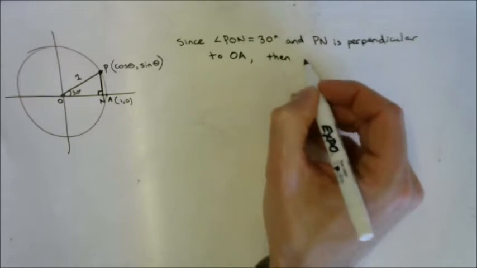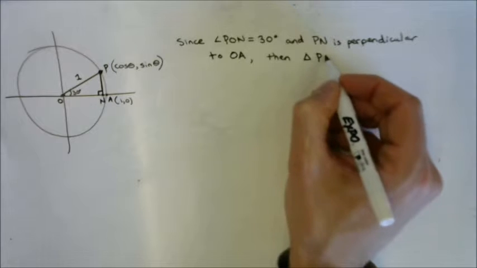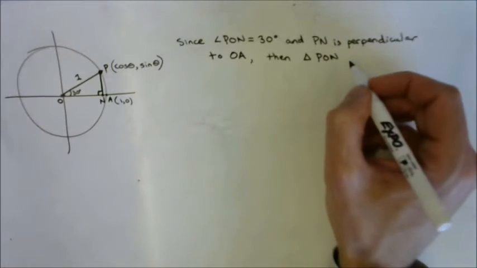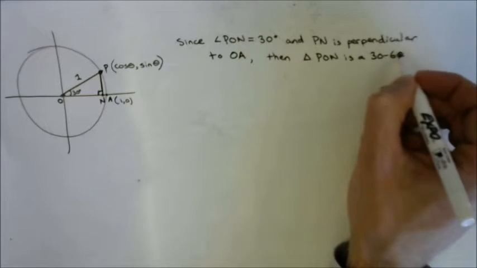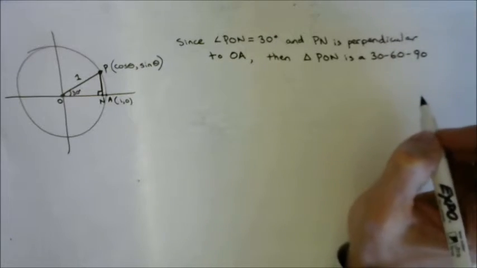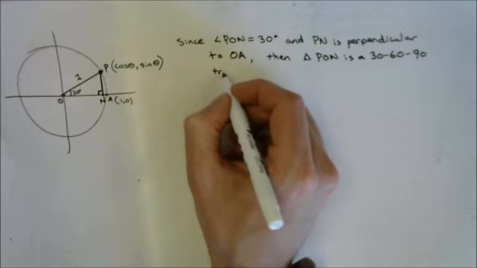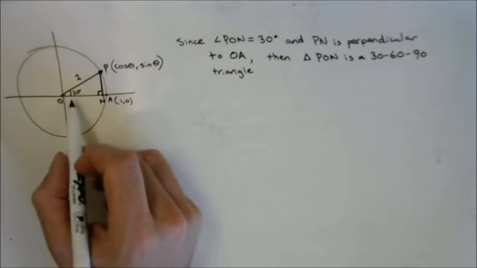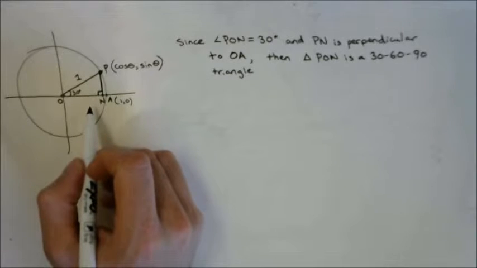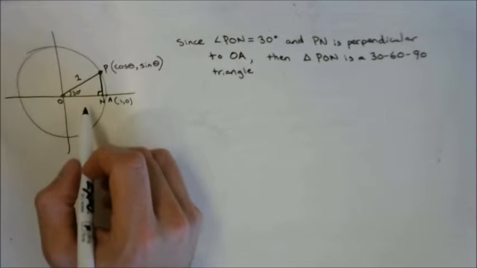Then triangle PON is a 30, 60, 90 triangle. If one of the angles is 30 and one of the angles is 90, the other angle must be 60. The interior angles of a triangle add up to 180.